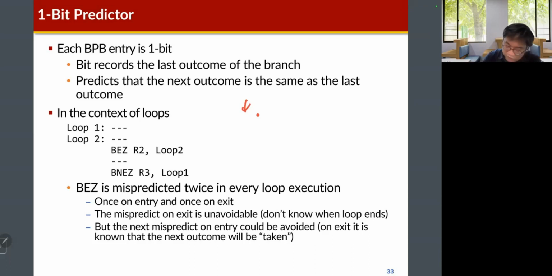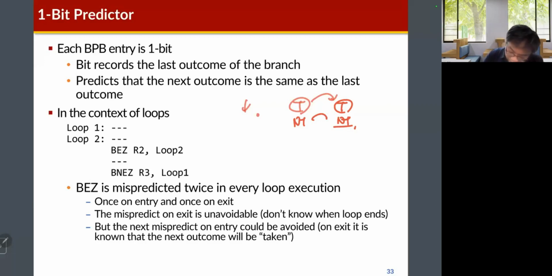For example, if the previous result is taken, then we can predict the result of this branch instruction is also taken. And if not taken, then it's not taken. It's very simple, but the hit rate may be low.